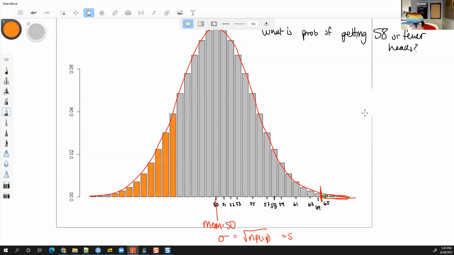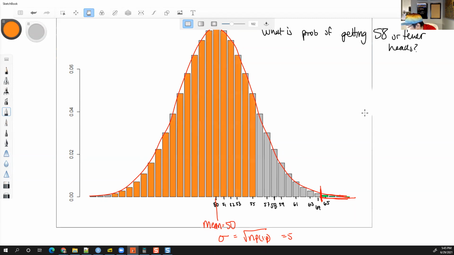I want everything less than or equal to 58, so we want 57 and we want 58. Where should my cutoff be if we want the probability of getting 58 or fewer?